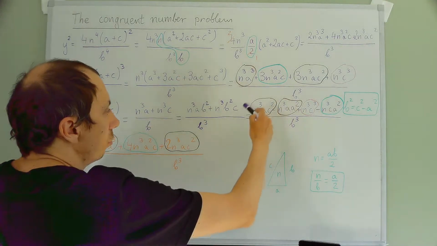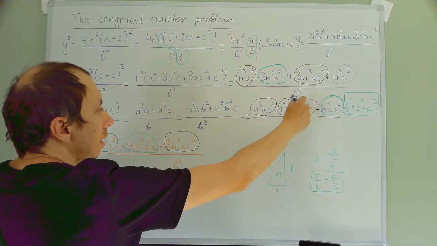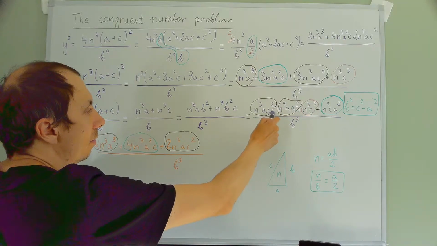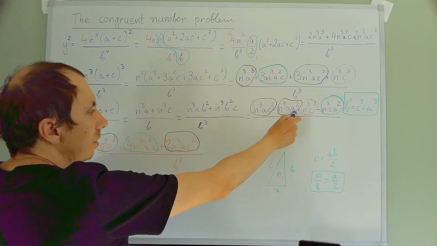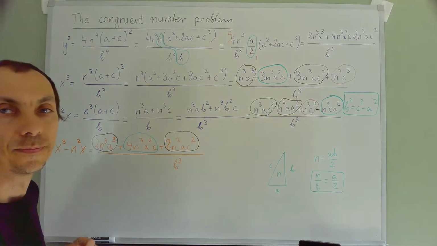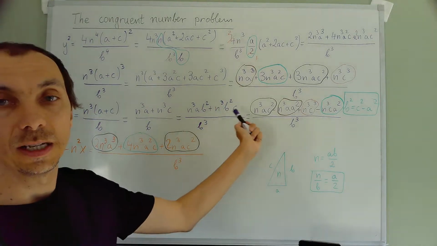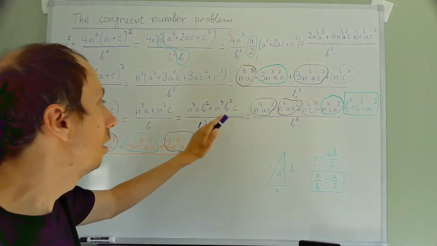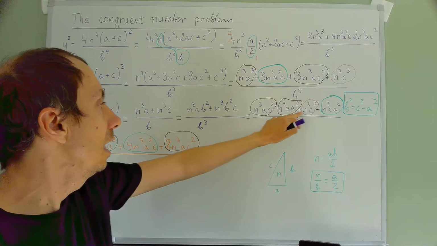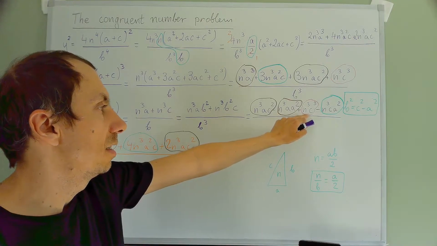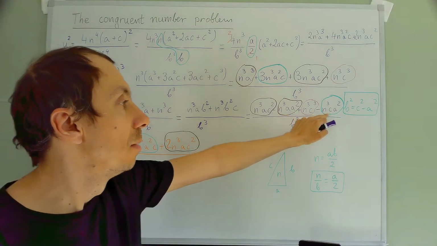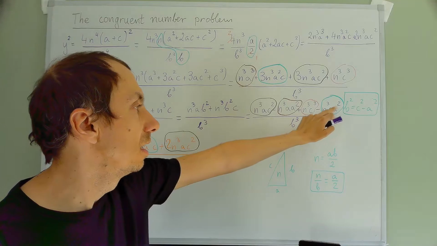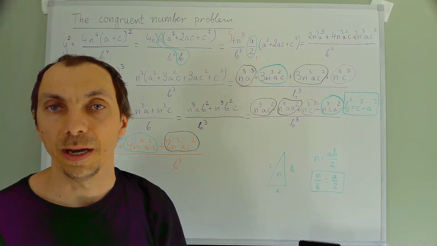Right? Now these two terms taken together, if you take out n cubed a from them, you just get c squared minus a squared, which is that b squared. And you do the same thing for this. So you replace b squared by c squared minus a squared, and if you multiply it out, you get n cubed c squared c, so n cubed c cubed, minus n cubed c a squared, everything divided by b cubed.